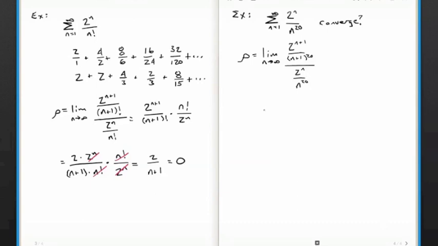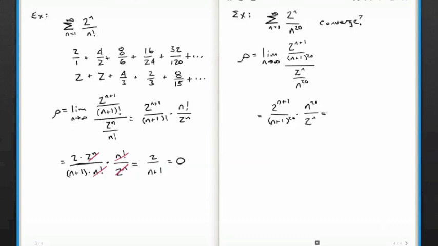Now the algebra here, how does this look? Well, for starters, we can invert and multiply as usual. 2 to the n plus 1 over n plus 1 to the 20th times the reciprocal here, n to the 20th over 2 to the n.